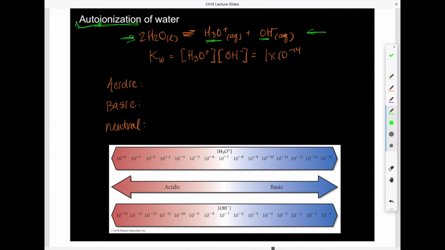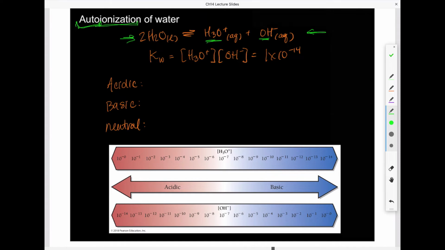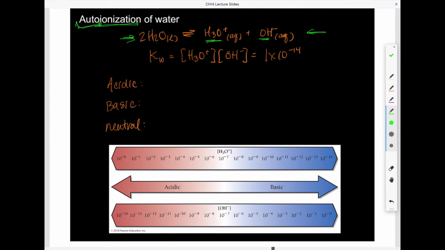Now, not a whole lot, right, but it does explain why even pure water has a very low level of conductivity, because even with nothing else in it, there are some ions formed from the spontaneous autoionization of water. So there have been enough tests done to know exactly how much water ionizes, right?